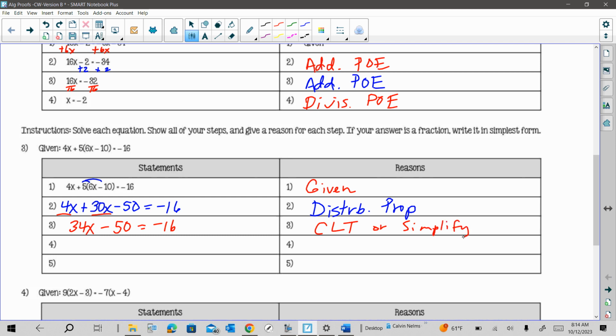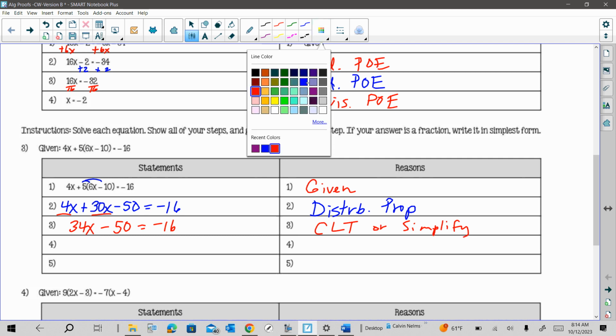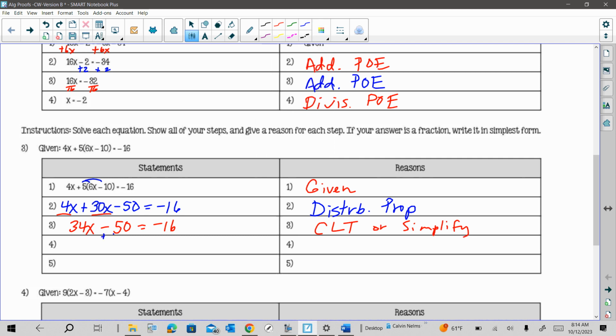All right, so to solve for x here, we need to isolate that x. We got to get that 34x by itself. So what do we need to do next? Plus the 50, yes. And if I add 50 to both sides of the equation, we end up on line 4 with 34x equals 34.